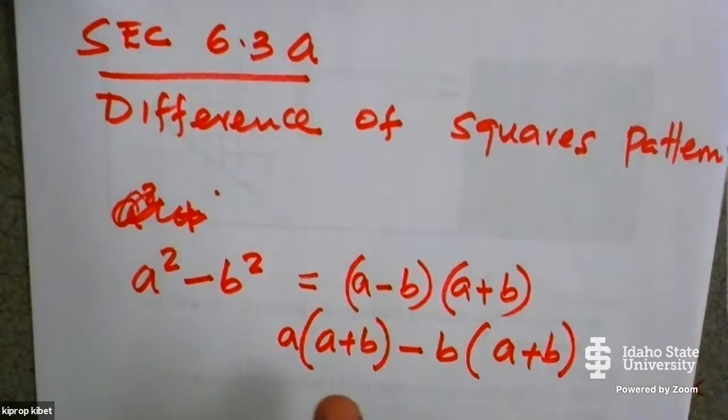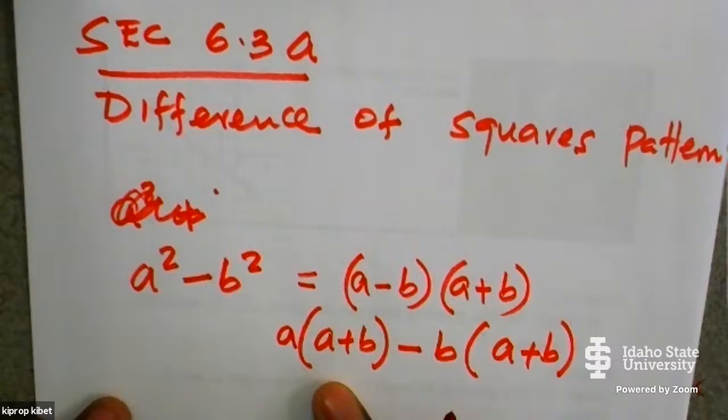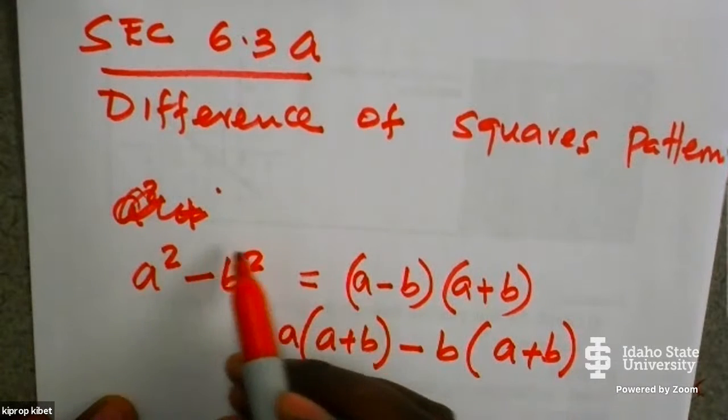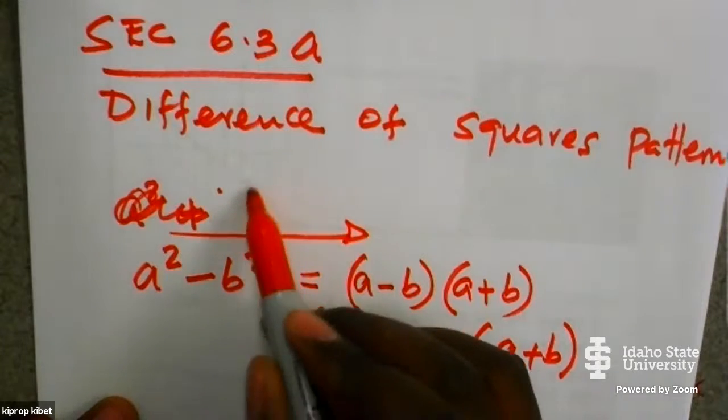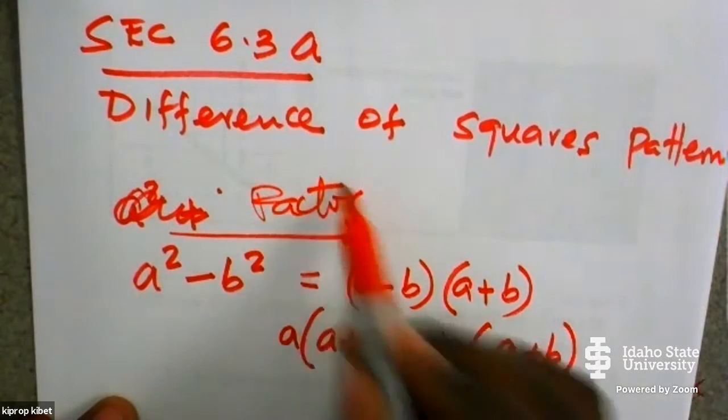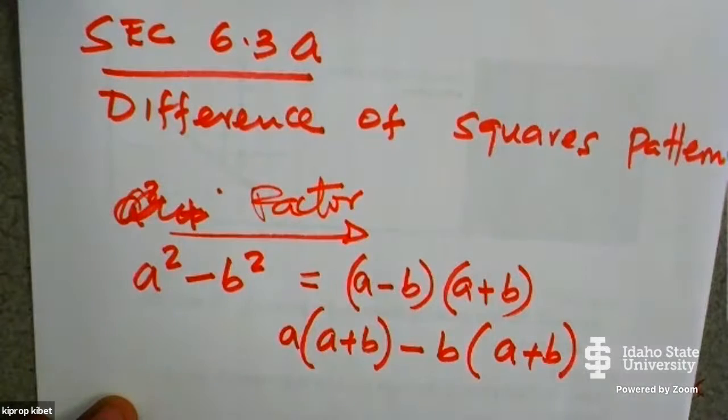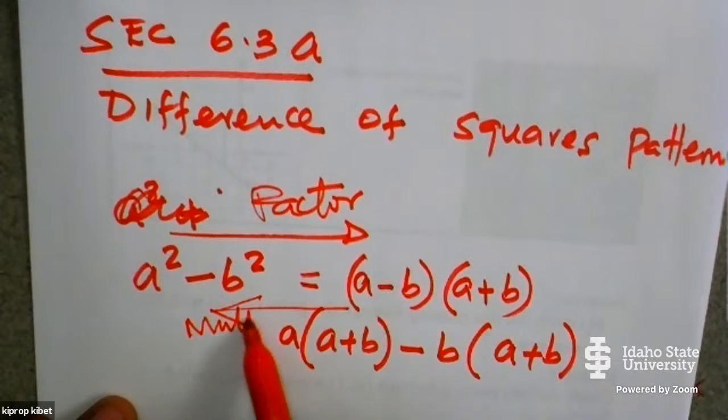Now, going this way is doing what? Factoring, right? And coming this way, you multiply.